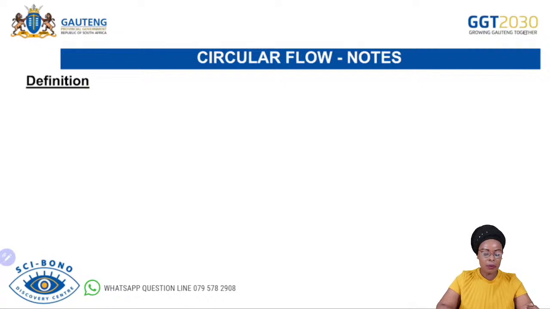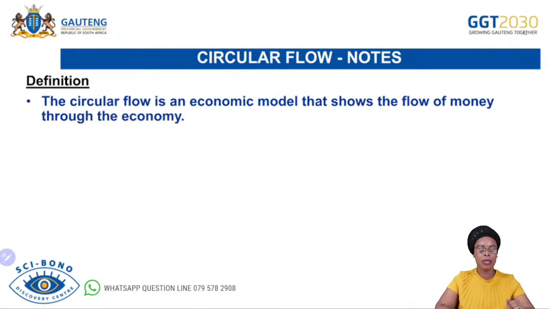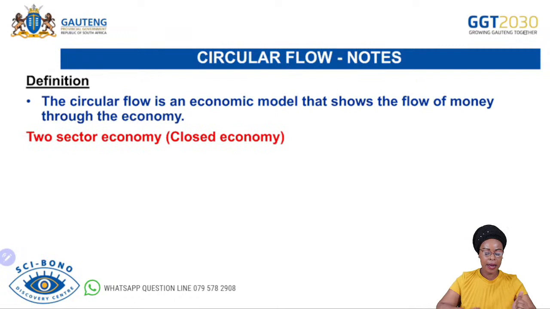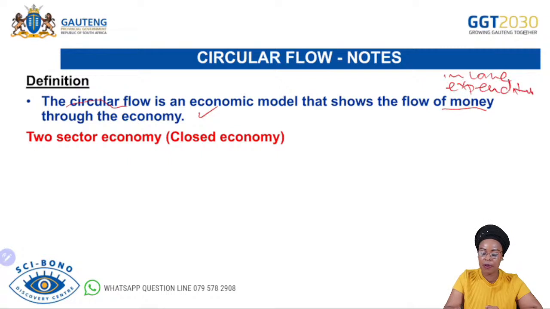Okay, let's move to the next slide. The definition of circular flow, I've mentioned that it's not only the flow of money. It can be the flow of income and expenditure. Now we have a two-sector economy.